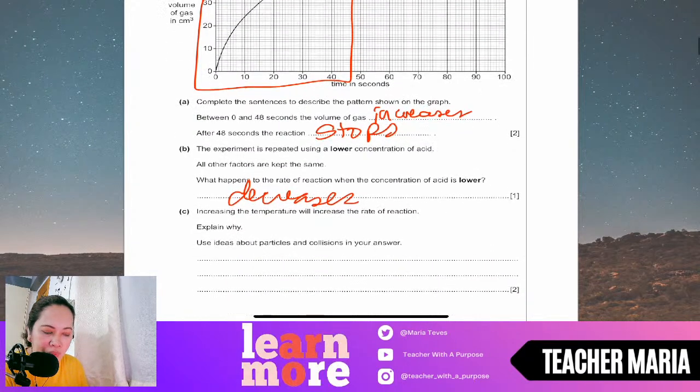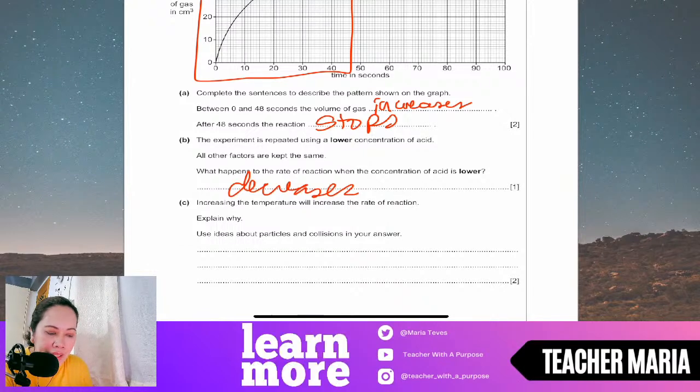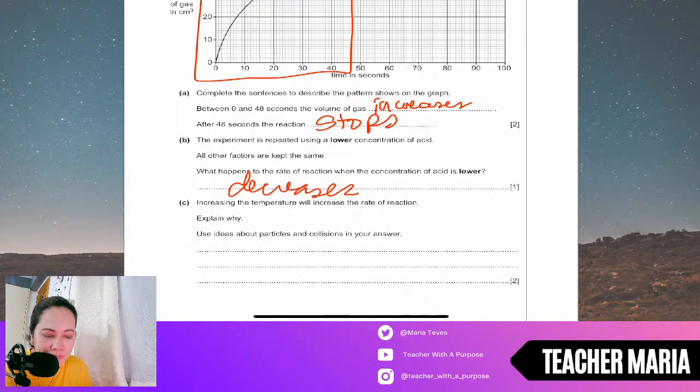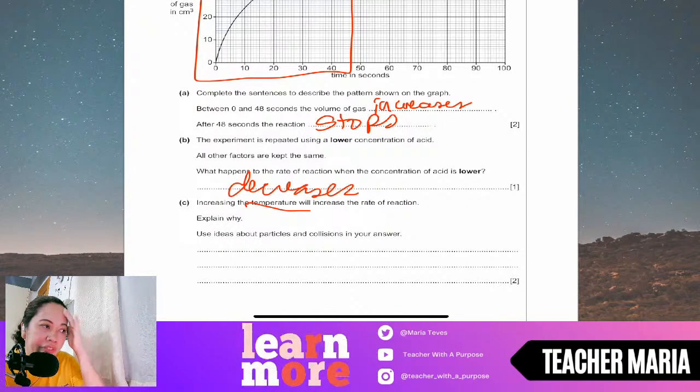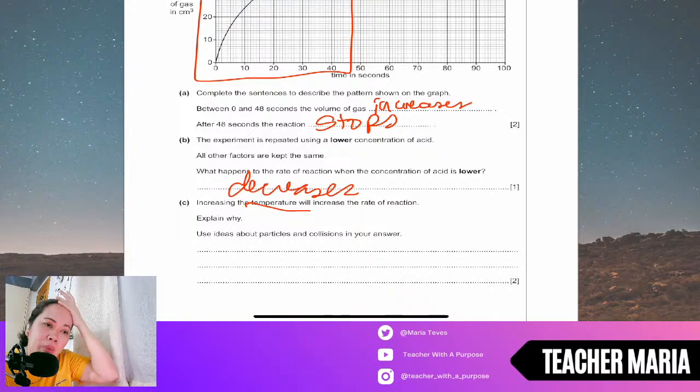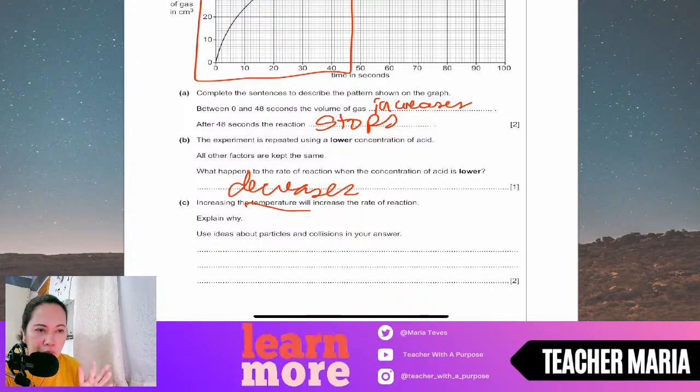Okay, moving on. Increasing the temperature will increase the rate of reaction. By the way, these are factors affecting the rate of reaction. If you ask what part of our science topic this is, this is under the rate of chemical reactions.